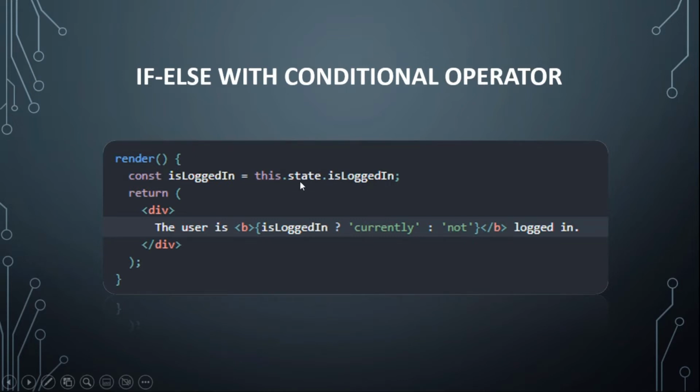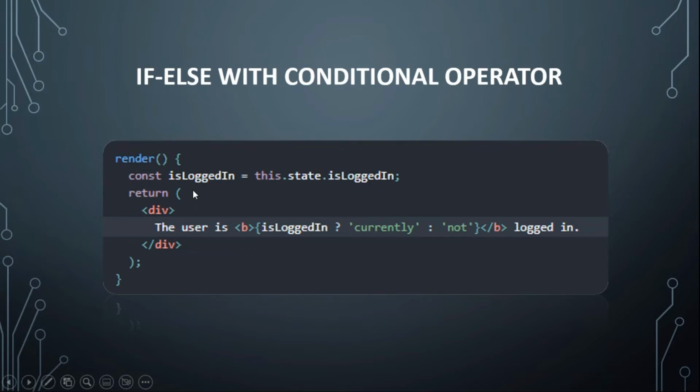We have a state, is login, that is set to true or false, right? We want to render the current state of a user, whether they are logged in or not. So the user is, in bold, logged in.